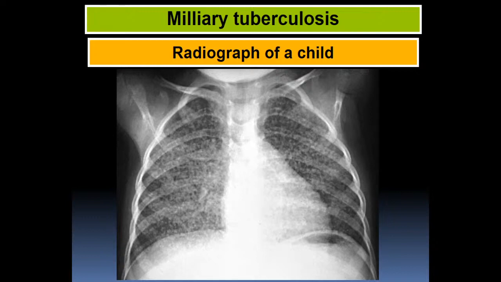And for this form, localization of the process is typical. Focal shadows are localized symmetrically in both lungs. That's why in symmetrical parts there is the same quantity of foci, and they are localized uniformly. That's why in all zones and fields there is the same quantity of shadows also.